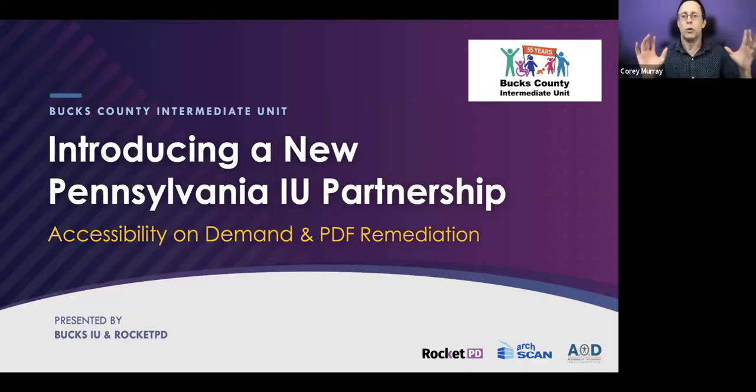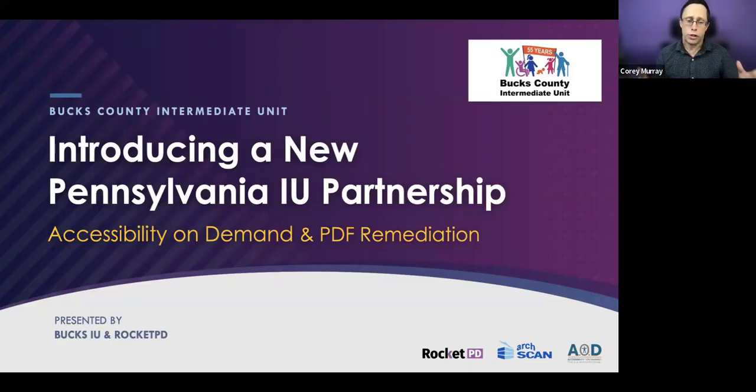The traditional way of doing document accessibility, if you've ever done it before, was very manual, very intensive, and very difficult to do at scale. We're going to show you today a system that other districts are using throughout Pennsylvania and that other IUs can use as well to support the districts that they serve.